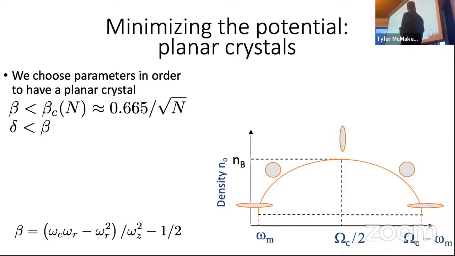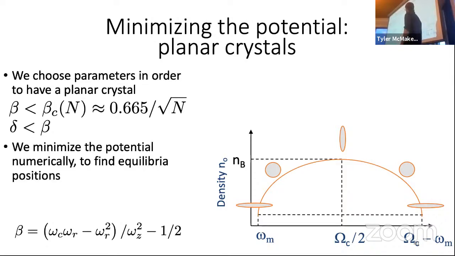And expand enough, we can get like a flat plane. If I increase this rotating wall frequency, I can increase the density of this thing. I get like some ellipsoidal thing. So once we've chosen our parameters, in this case, we're down here with some small rotation frequency for the rotating wall, we can go ahead and solve numerically to find the positions of these ions.